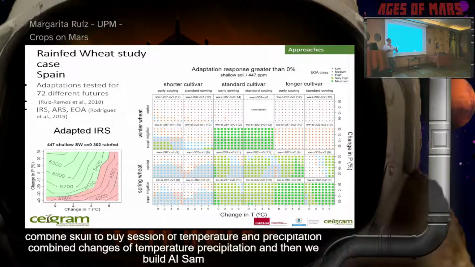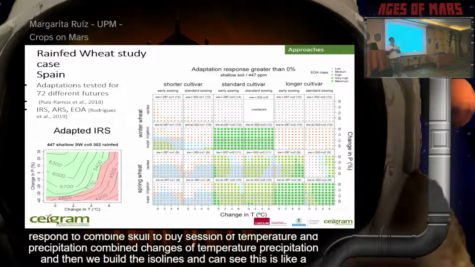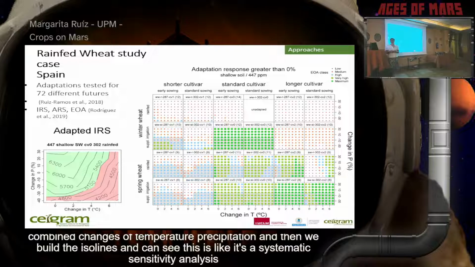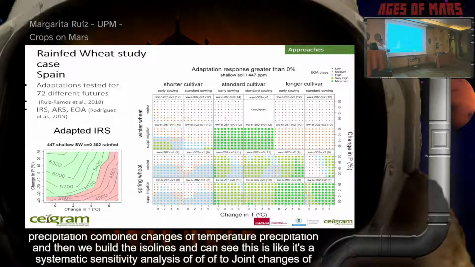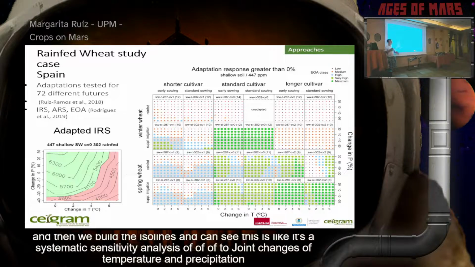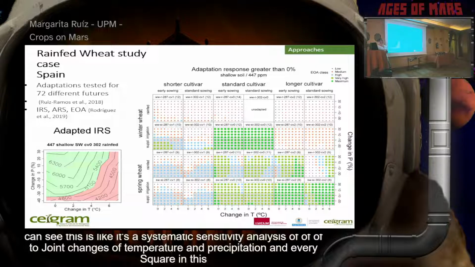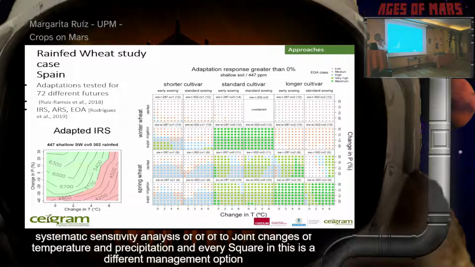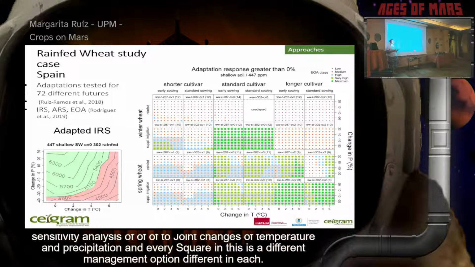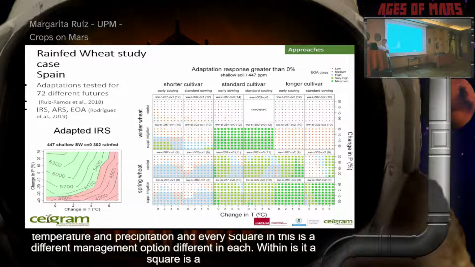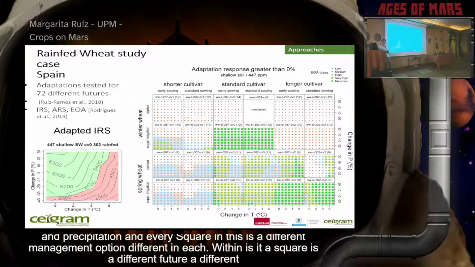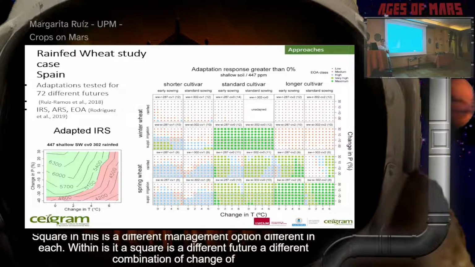This is like a systematic sensitivity analysis of crop yield to joint changes of temperature and precipitation. Every square in this large graph is a different management option. And each dot within each square is a different future, a different combination of combined change of temperature and precipitation.